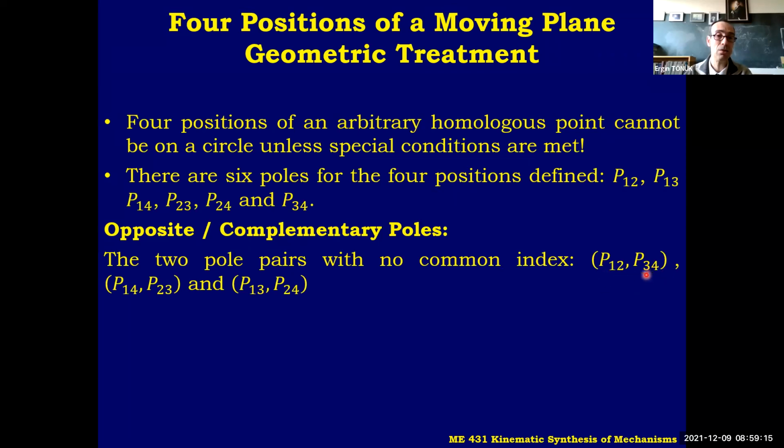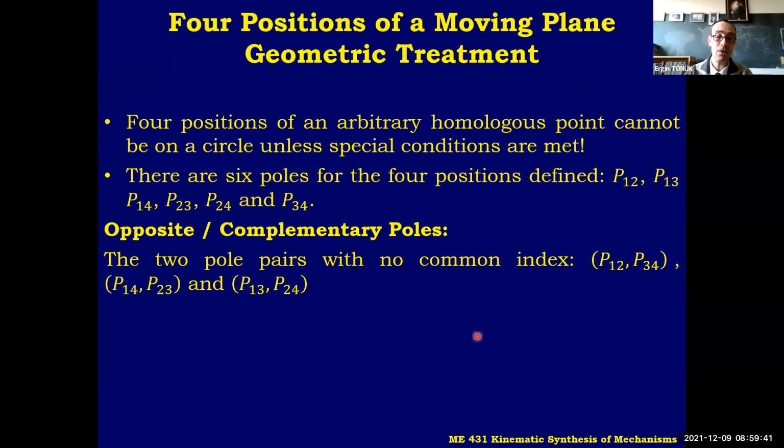And you see there is no common index. Or, for example, P14 and P23. Again, no common index. Or P13 and P24. So that's a definition, okay? Opposite or complementary poles that we are going to use.